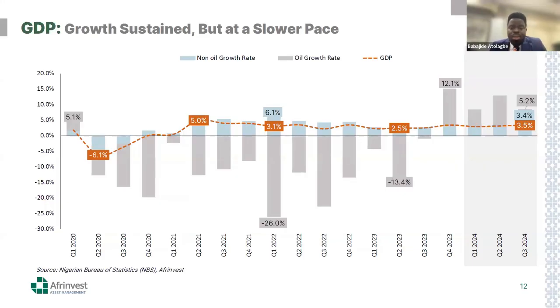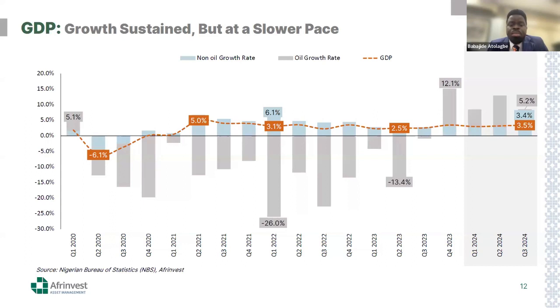However, we've seen that in the last quarter, GDP grew at 3.5%, which is comfortably the highest in the last couple of quarters. And the rationale behind the growth is relatively simple. We've seen an increase in production numbers from the oil sector.